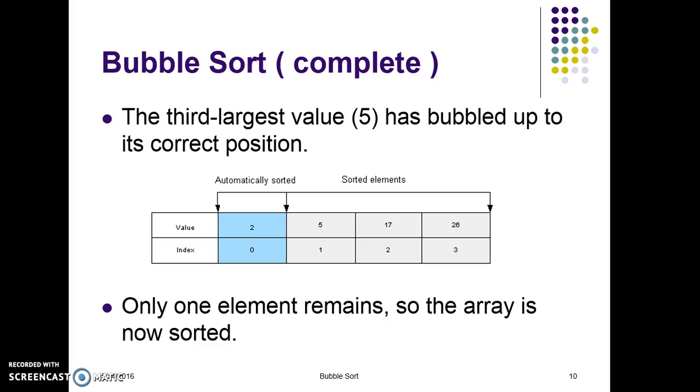The sorted elements are 5, 17, 26, and the first element is automatically sorted and in the correct position. This is the basic concept of how bubble sort works. The main thing is that we compare two consecutive elements, and if the first element is greater than the second element, then we need to swap them.